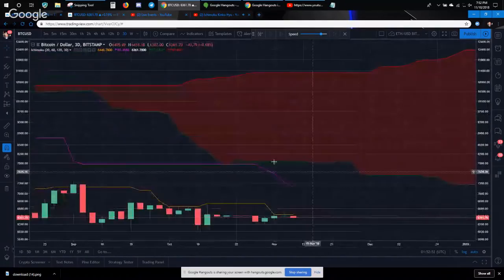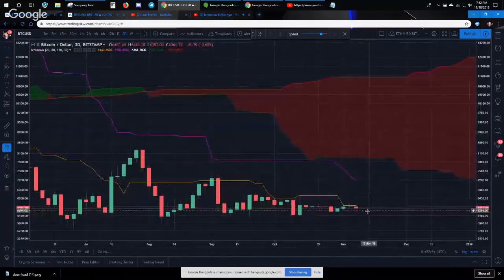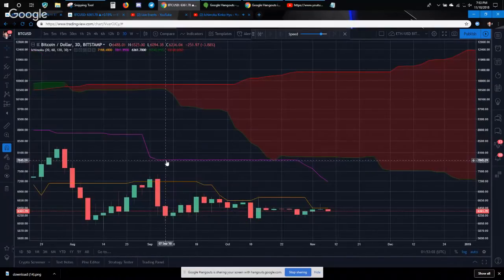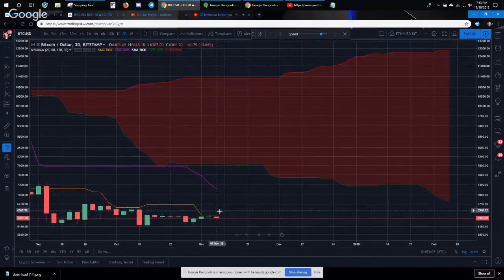Let me explain this real quick. So this is converging right now on the conversion line, not because the price is dropping. It's converging because we're getting chop action that has no direction right now. So as this baseline catches up to price, and as time goes on, it'll get closer and closer to price. So let's say this price goes completely sideways, clear over here.